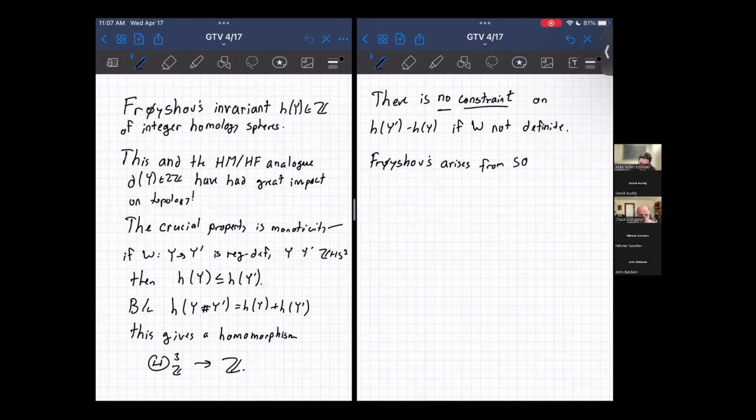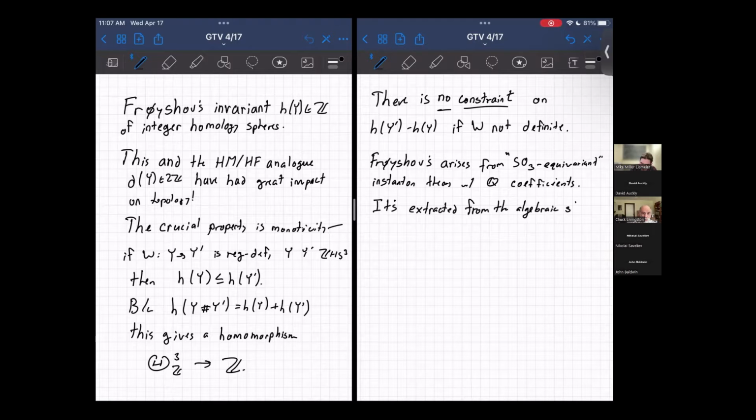Well, any perspective on Froyshov's invariant says that it arises from what's called SO(3) equivariant instanton theory with rational coefficients. And a modern perspective, maybe I should say recent perspective, is that it's extracted from the algebraic structure of a certain chain complex.